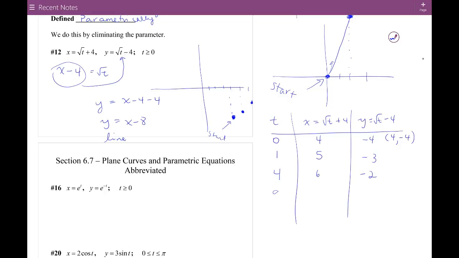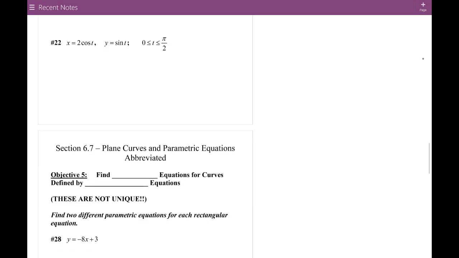And then let's pick 9 and get x is 7 and y is negative 1, and we can see that this is a straight line. You can tell what direction you're traveling as t increases, so you put little arrows on the path to indicate that. Okay, and then we'll do some of these harder ones together in class.